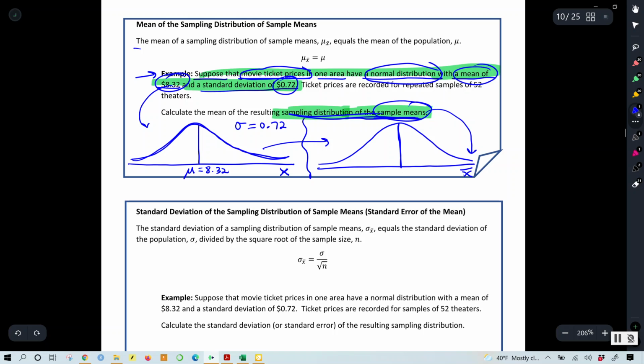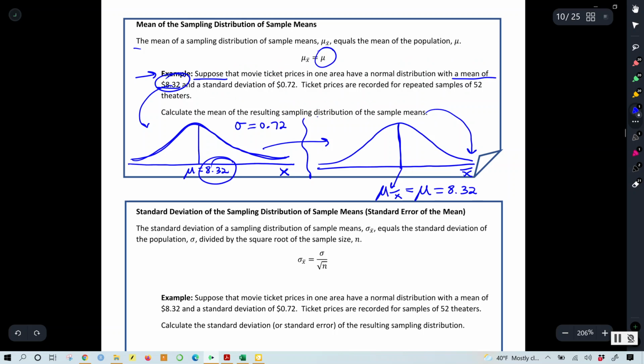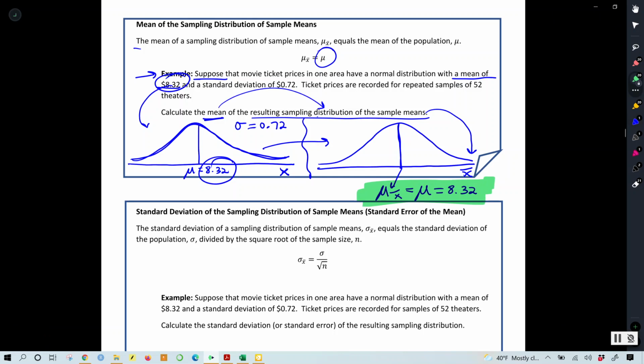In the middle, you have the mean of all the X bars, which is exactly equal to the population mean, 8.32. So, where we are told to find the mean of the resulting sampling distribution, the mean of the sampling distribution of the mean is exactly equal to the population mean, which earlier was given as 8.32.